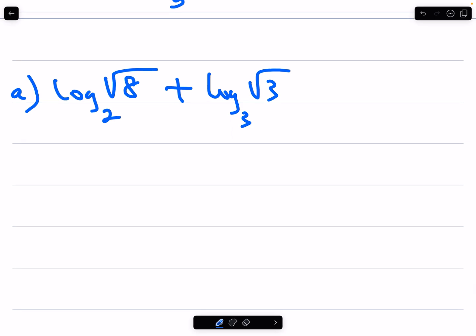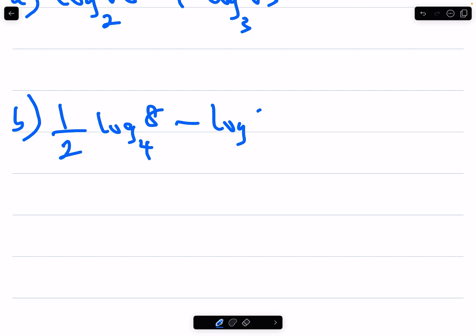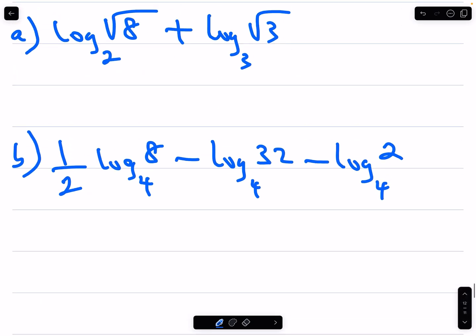And question B: half log 8 base 4 minus log 32 base 4 minus log 2 base 4. And then we go quickly to the solution.